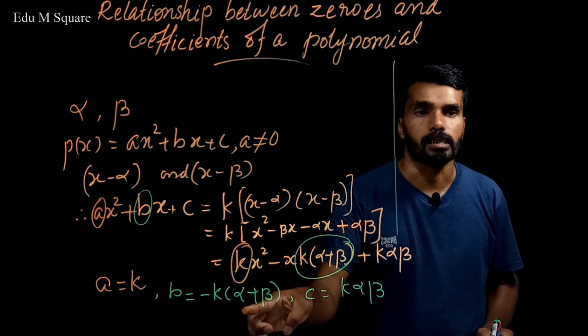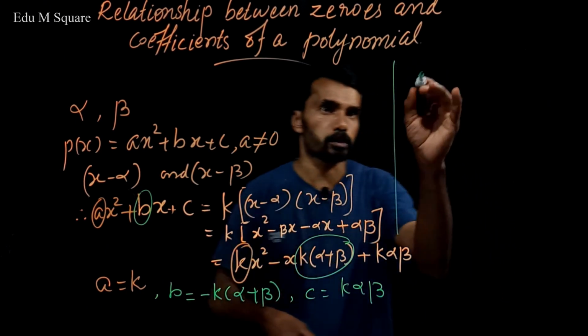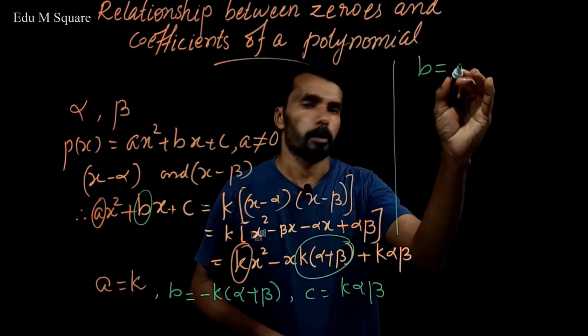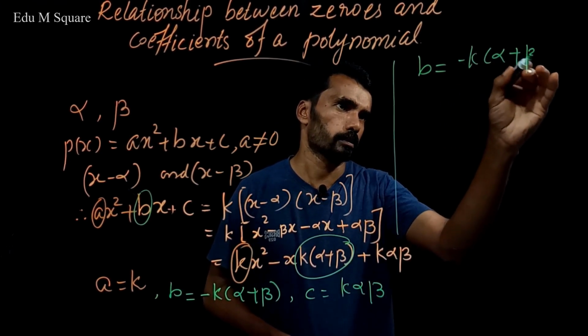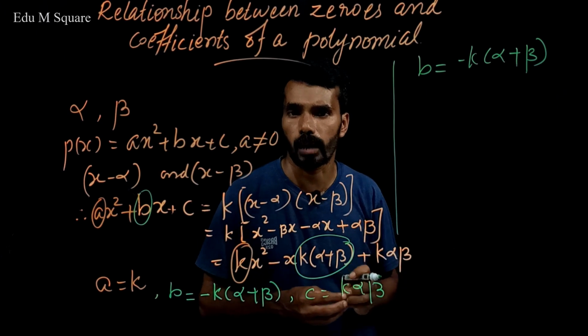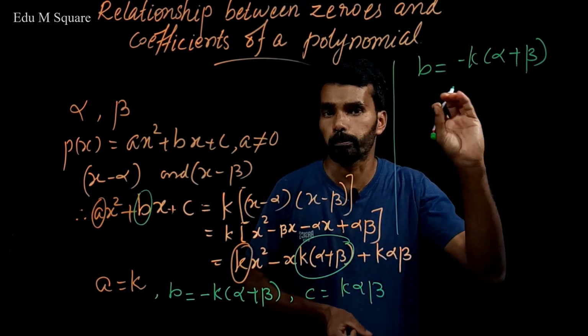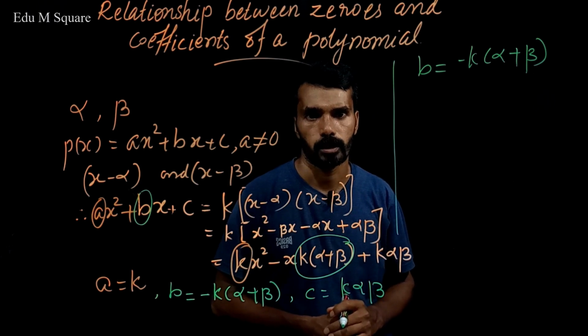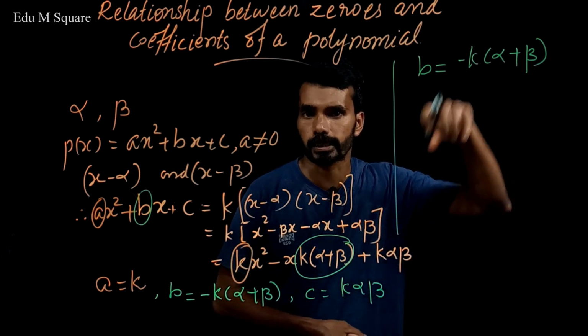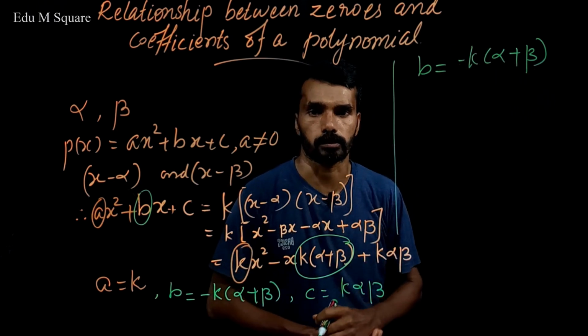Now from the second relation we get, that is b is equal to minus k into alpha plus beta. Here what are alpha and beta? Alpha and beta are the zeros of this quadratic polynomial. So alpha plus beta is the sum of the zeros.